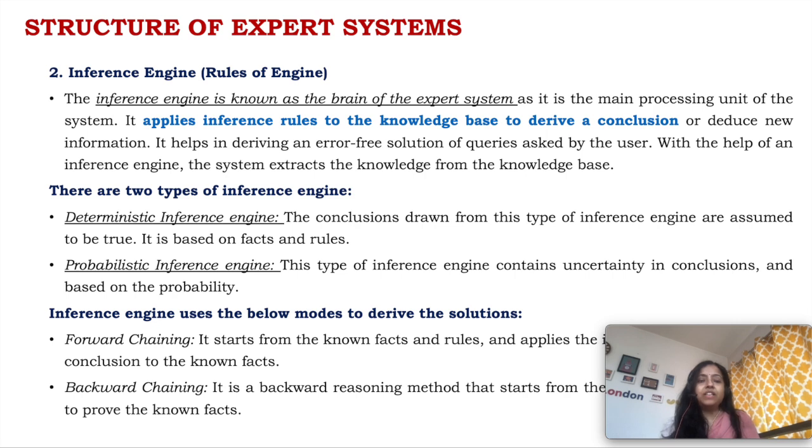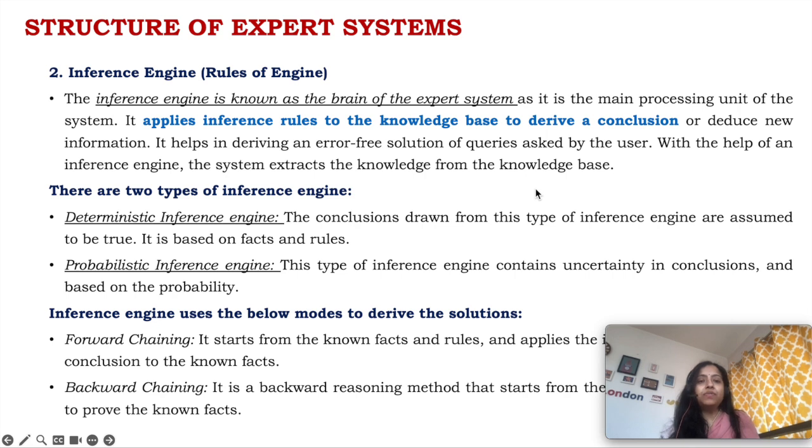It applies inference rules to the knowledge base to derive a conclusion or deduce new information. It helps in deriving an error-free solution to queries asked by the user. With the help of an inference engine, the system extracts the knowledge from the knowledge base. We will come to what a knowledge base is in a bit of time.